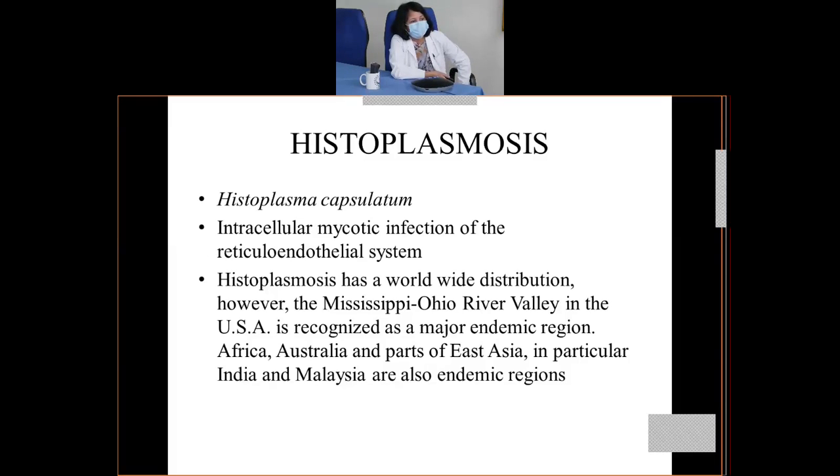It has a worldwide distribution. However, the Mississippi and Ohio River Valley in the USA is recognized as a major endemic region, but it is present in other areas such as Africa, Australia, and certain parts of East Asia, in particular India and Malaysia. So this fungal infection is definitely present in India, in the endemic form.